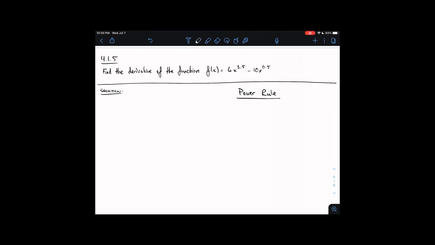So the power rule says that if I have some x to the n power and I take its derivative, then all I have to do is bring the n out in front as a multiplication or a product, and then lower the power by exactly 1.